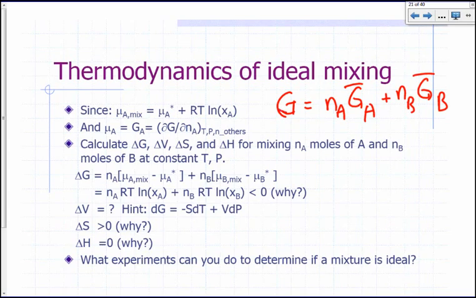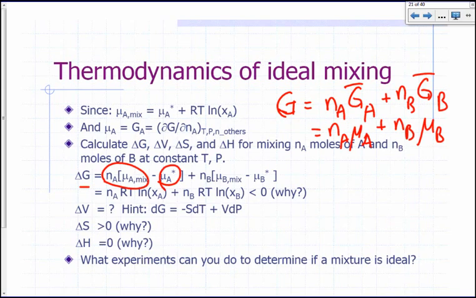That's the expression. So it's just going to be N sub A mu sub A plus N sub B mu sub B. So if you want to get delta G, you want N sub A times mu sub A in the mixture minus N sub A times mu sub A if it were pure.